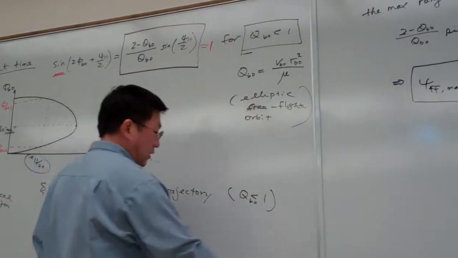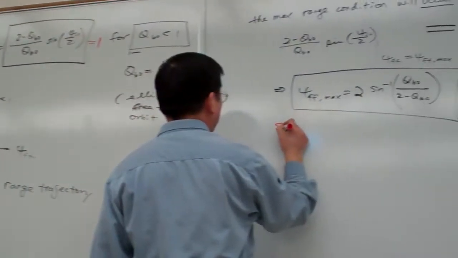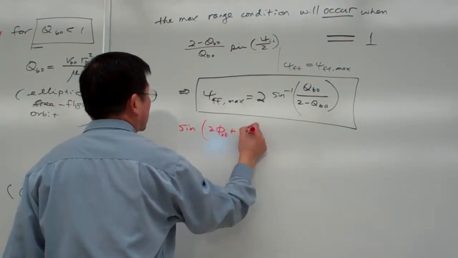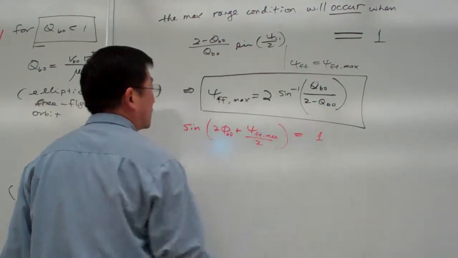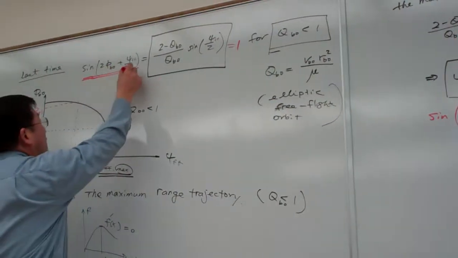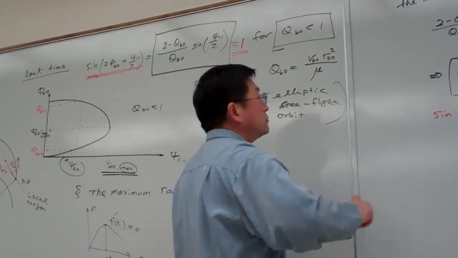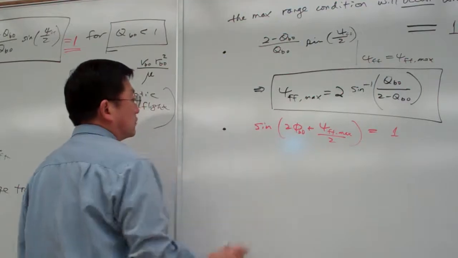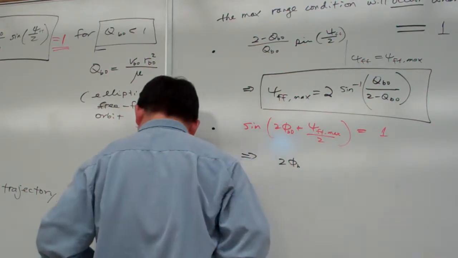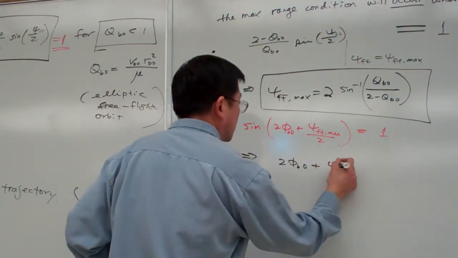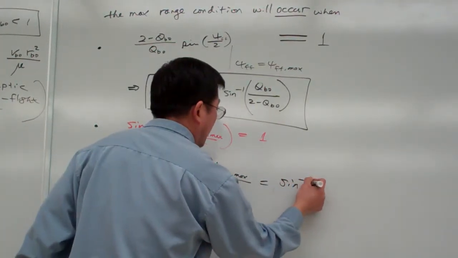For that case, again, we take this equation here, with this one equal to 1. So that means sine of (QBO plus V), with the maximum value here, equals 1. Good? Okay, so from here we can solve for VBO: QBO plus this one, divided by 2, equals arc sine of 1.